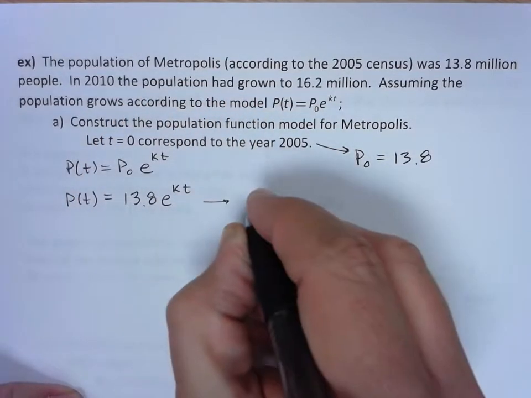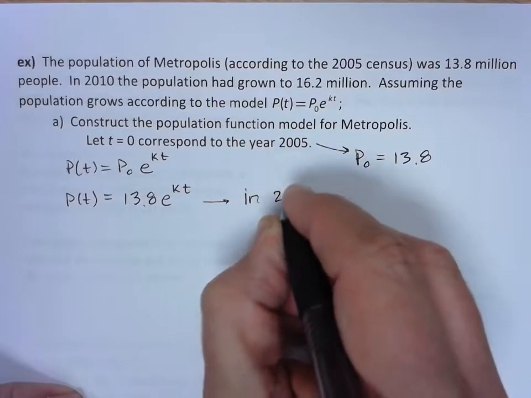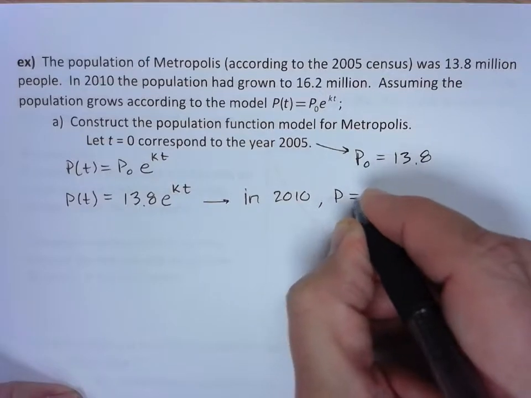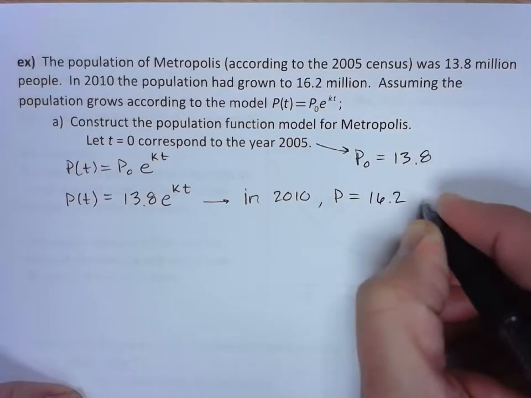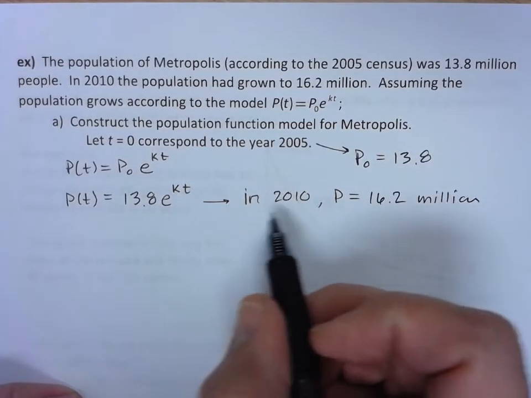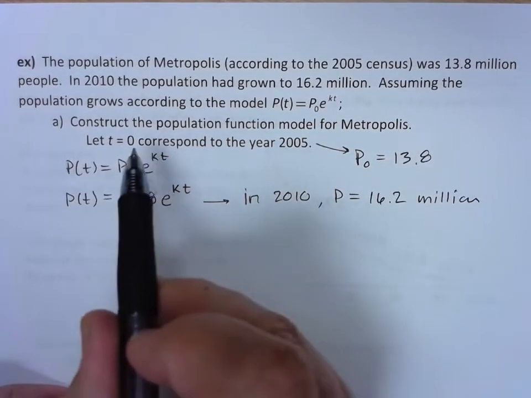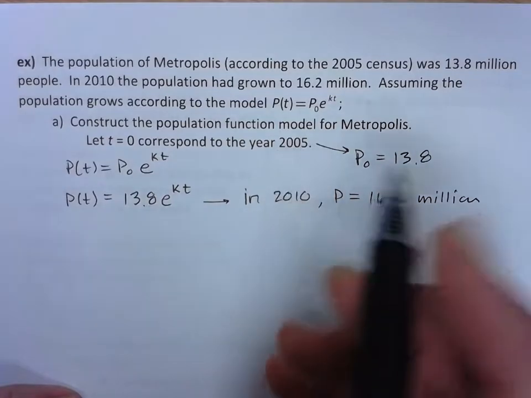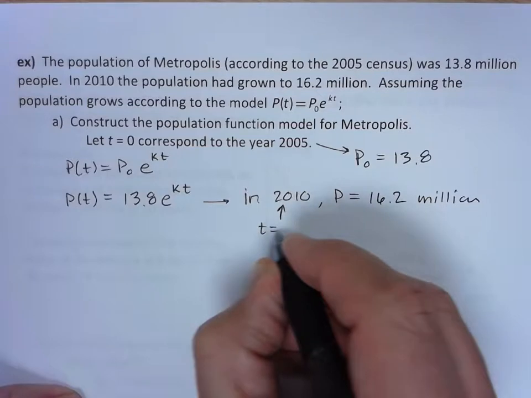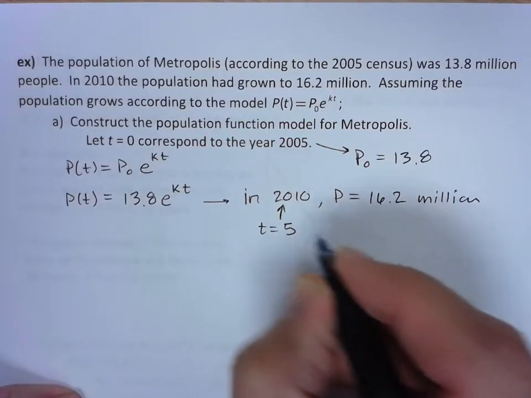So, in 2010, population equals 16.2 million. Well, you need to go ahead and correspond that to a value of t. If t equals 0 corresponds to the year 2005, then that means 2010 corresponds to the year t equals 5.